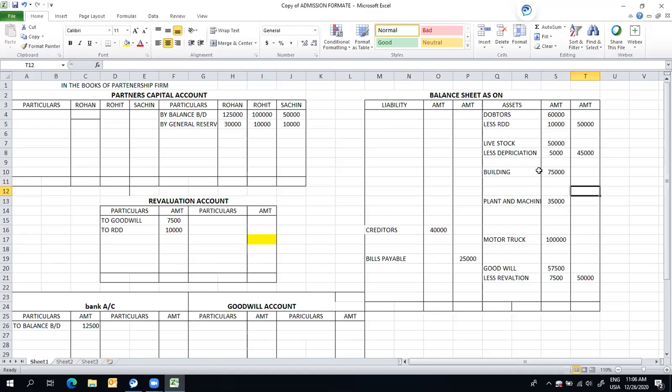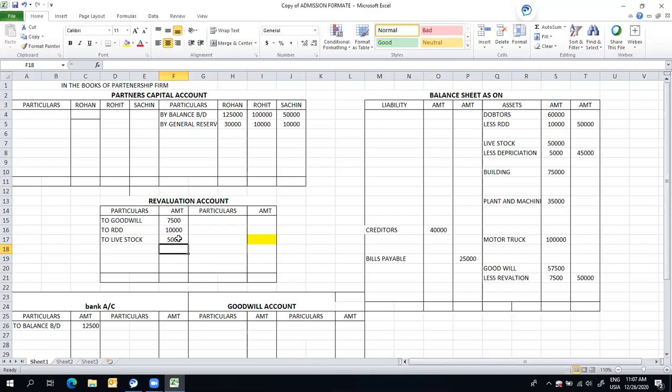And what is the second effect of 5,000? Debit side to livestock, 5,000. Okay.